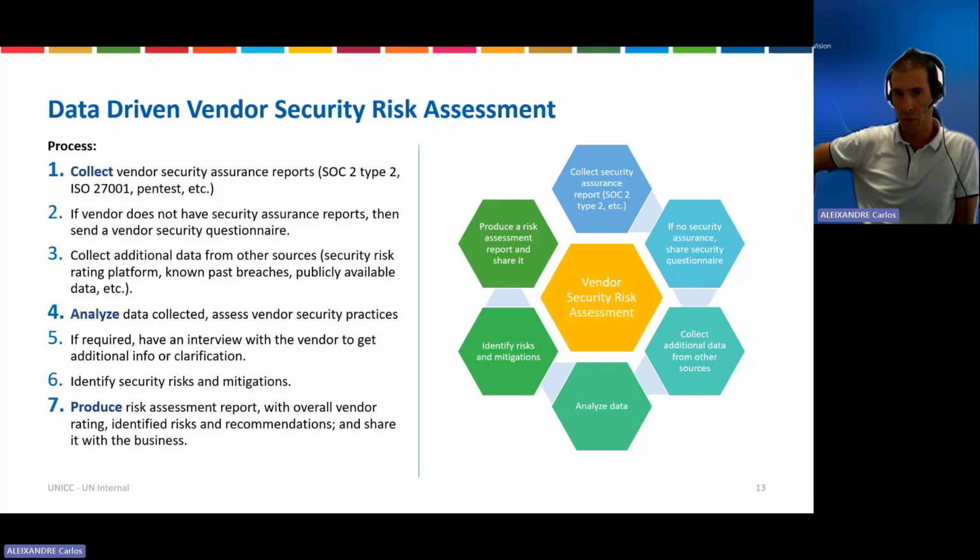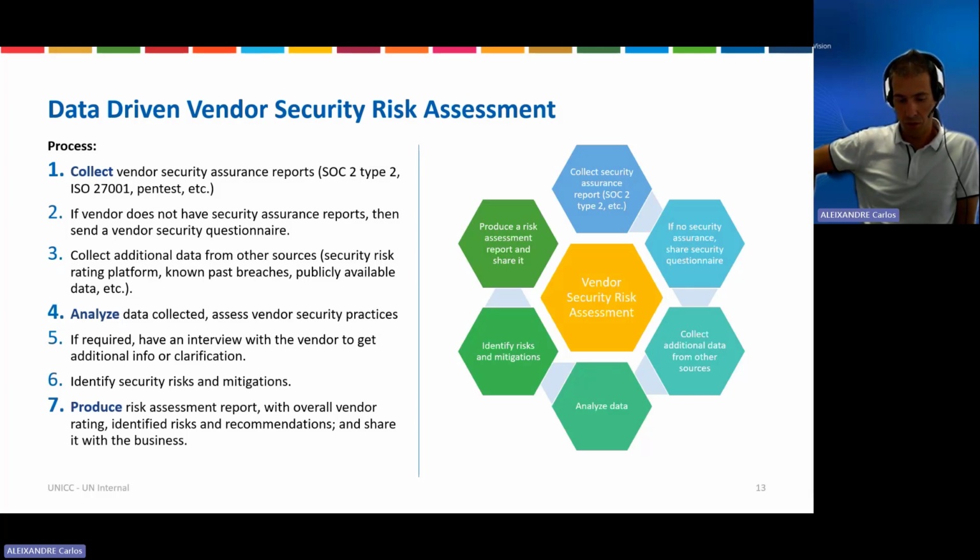Based on all this analysis, we should identify security risks and also mitigation, right? We should propose some recommendations on how to mitigate these security risks. And we will see later on what are the different options that we have when we go to risk treatment or mitigation. Finally, based on this analysis, we'll produce a report for our business, for our stakeholders, on the overall vendor rating.